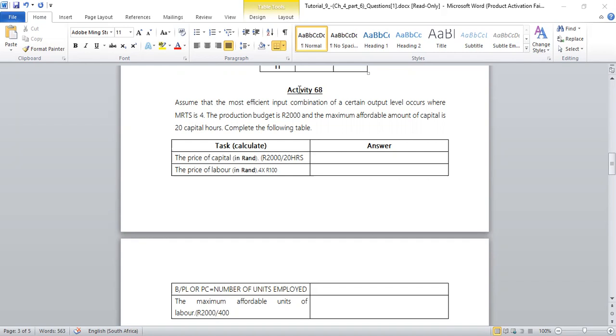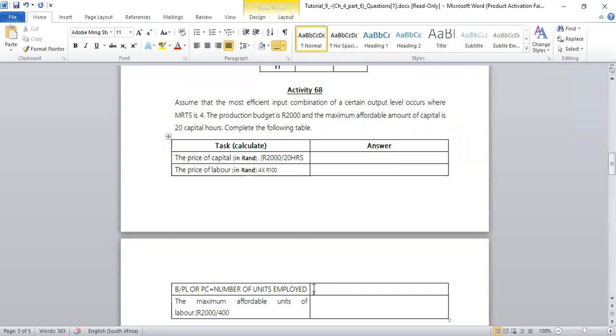So now let's have a look here. In this case, they are looking for the price of capital in rand. So let's try to play around with these formulas. What do I have in this case? I have my budget.